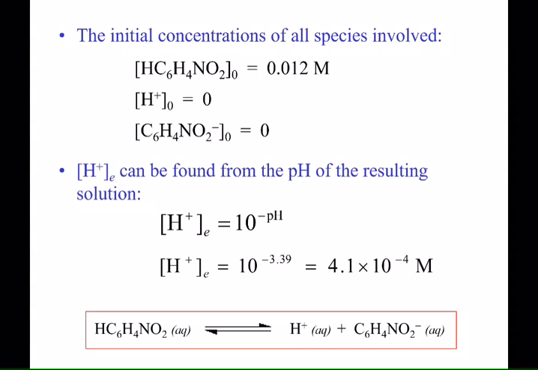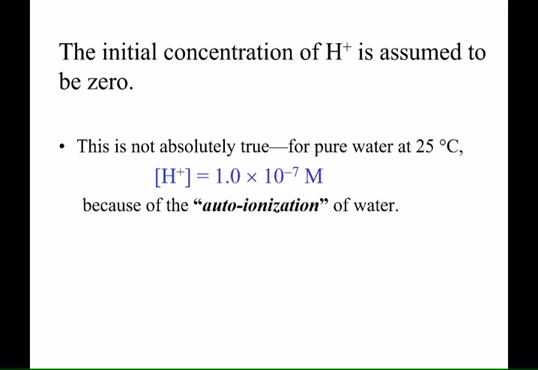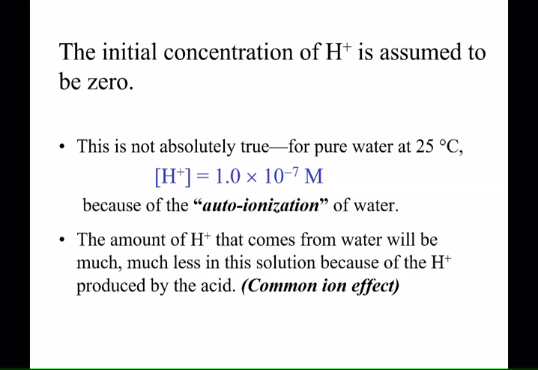So now we're ready to put those in our Ka expression and to get the Ka. Now, the fact that we put this 0 up here is a little lying, because we have autoionization going on. Auto means by itself, ionization means breaking apart of water to form H plus and OH minus.